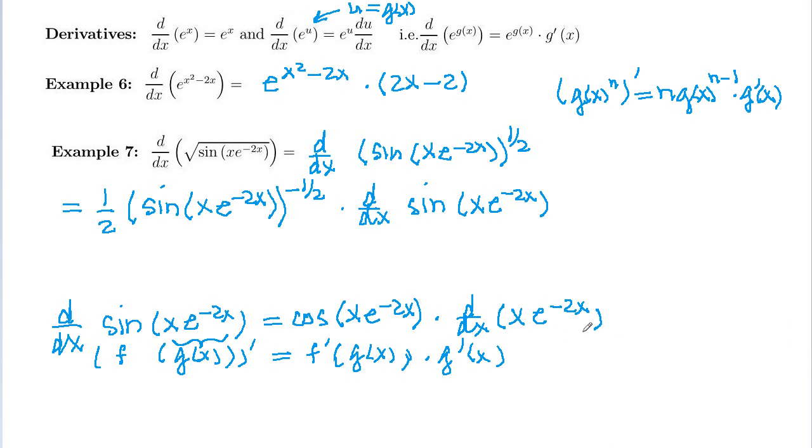And then what rule are we going to use here? Well, that's a product of two functions. So we're going to use a product rule there. So this is our f, and here our g. So in the next step, this is going to be cosine of x e to the negative 2x, and then times, and we need here an f prime g plus f g prime.